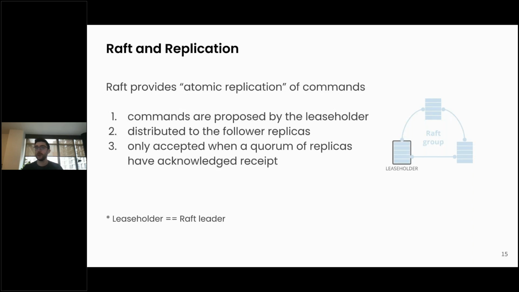A new write coming in will be distributed to all 3 replicas. And once 2 of those replicas have written the new write to disk, it will be considered accepted or committed. And that write will then be applied to the applied state. And so if the system crashes or restarts at any point after 2 replicas have written the command to their log, the write will still be present.